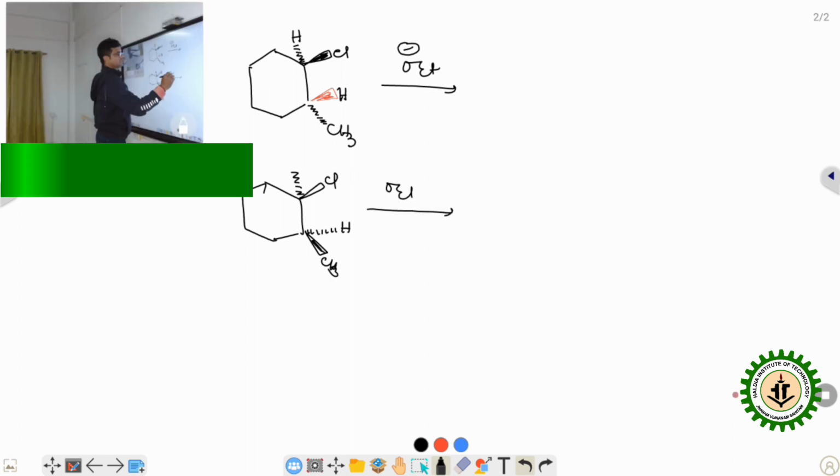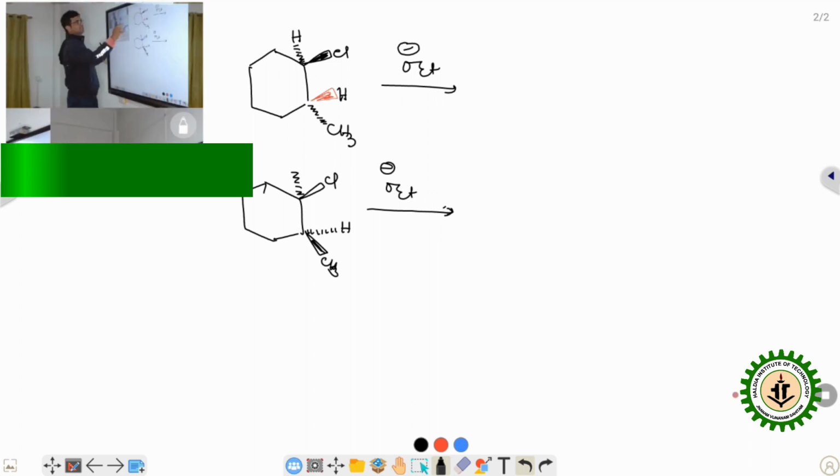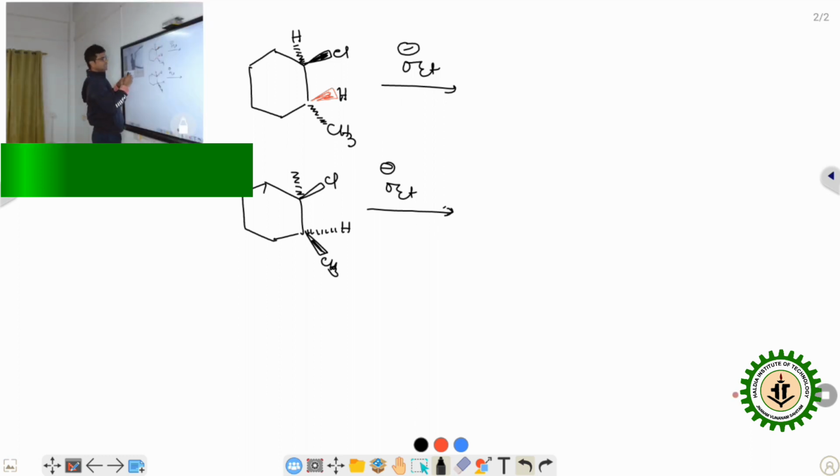Now the same kind of reaction, you see two substrates I have given here. This Cl and this H are on the same side, above the plane. So from this side no elimination reaction will take place, because the chlorine and hydrogen are on the same side.